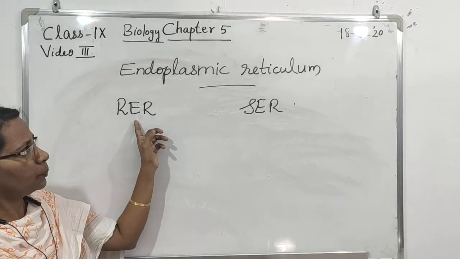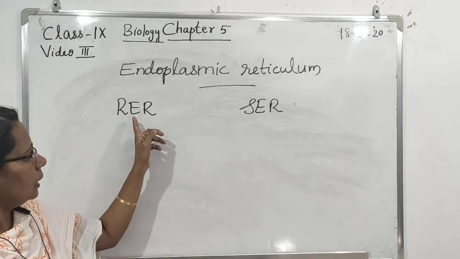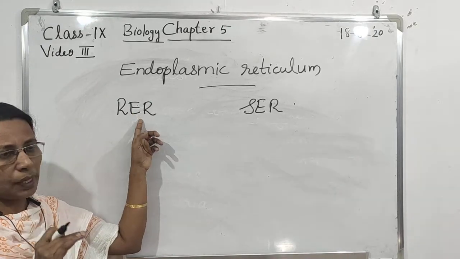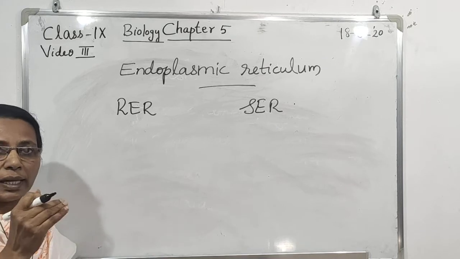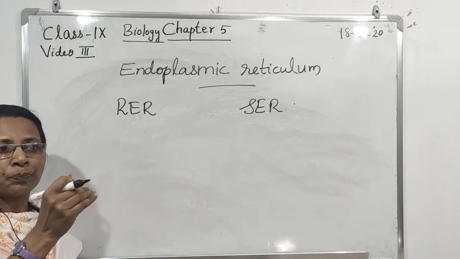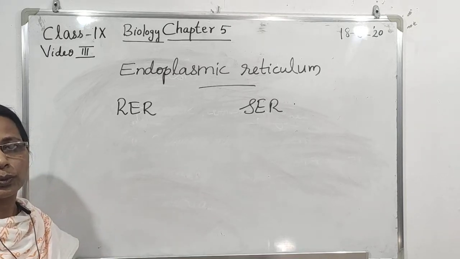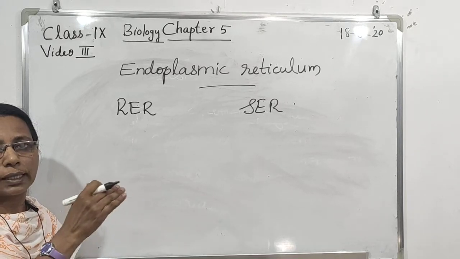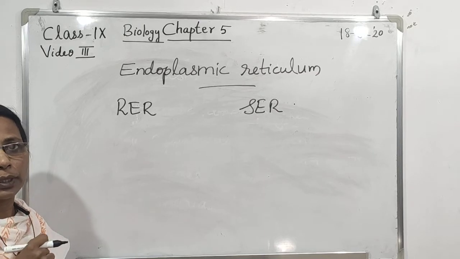Ribosomes are one component. On the surface of some endoplasmic reticulum, there are certain structures called ribosomes attached.